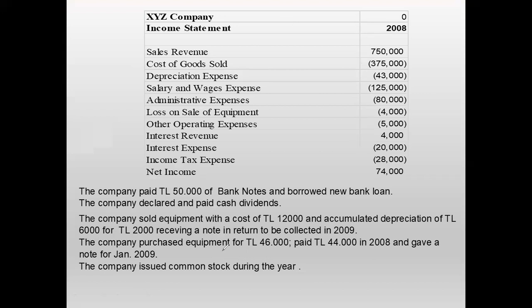So if I want to find the dividends, how can I find it? It will be the net income minus the change in retained earnings. So I have to put here the 74,000 minus the change, which we know just right now, 36,800.